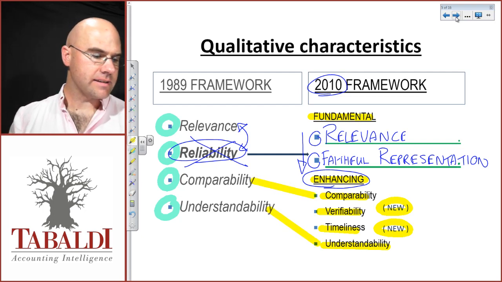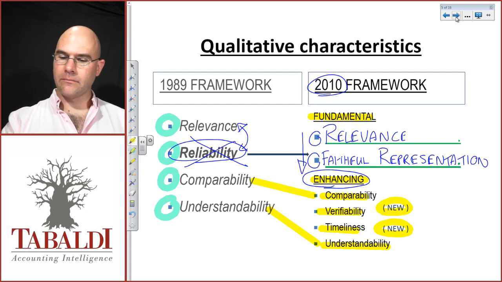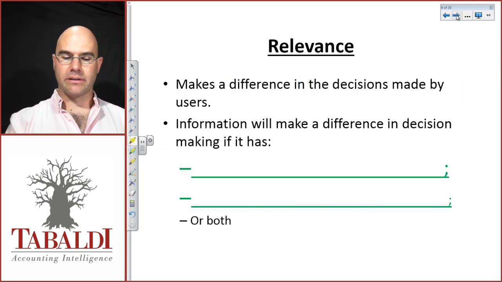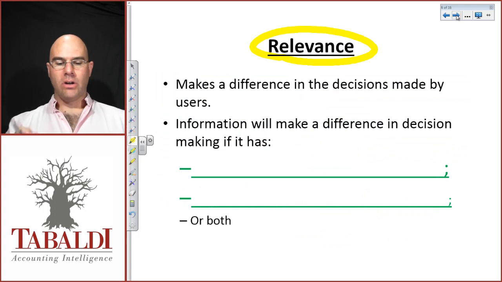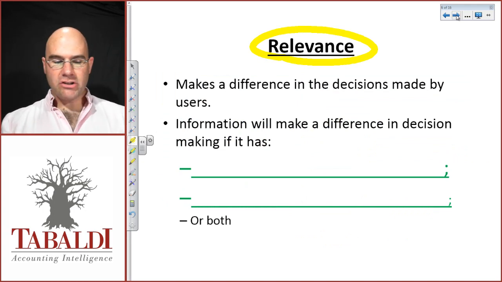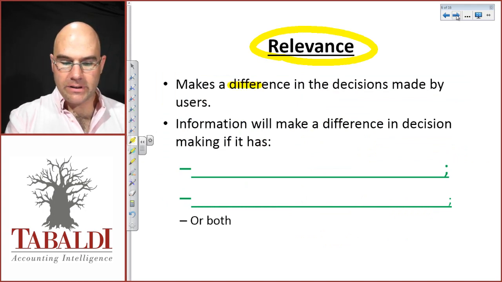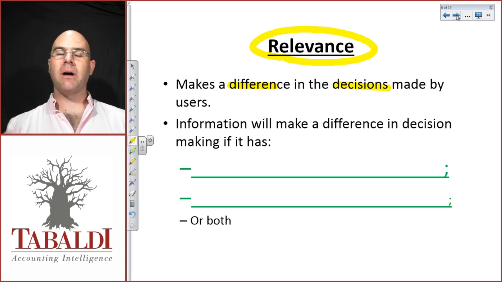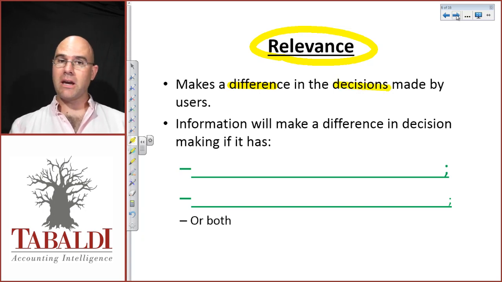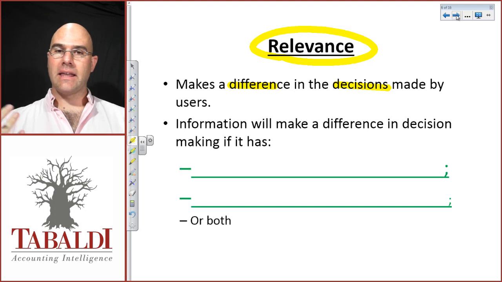Now we're going to go and discuss some of these individual items, starting with relevance. So, relevance, well, information is relevant if it makes a difference in the decisions made by users. So if users will use that information and it will affect the outcome of their decisions, it's relevant.